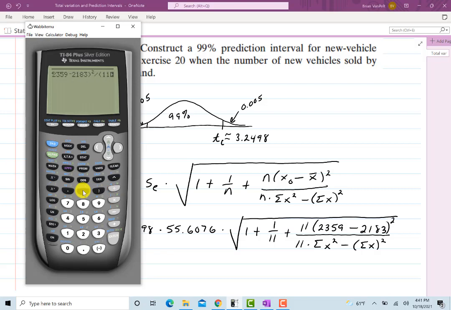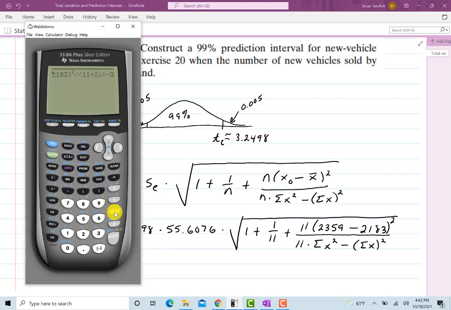Now, what I need is to put in this sum of x squareds. Believe it or not, it's easy to find. If you go to Vars, choose 5, and then move over to the sigma, and there it is. So I'll choose number 2, and it puts it right there, minus.